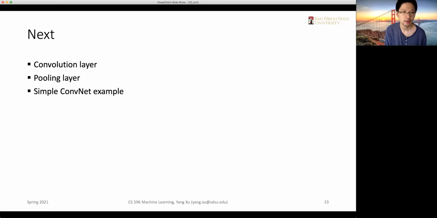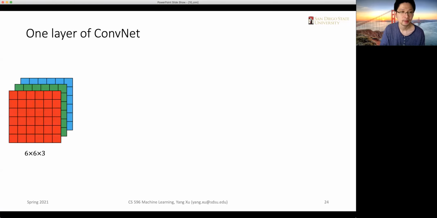Let's call them the convolutional layer and the pooling layer. And using these two layers, we're going to build our first simple ConvNet example. Nice. So let's look at what one layer in the ConvNet typically looks like.